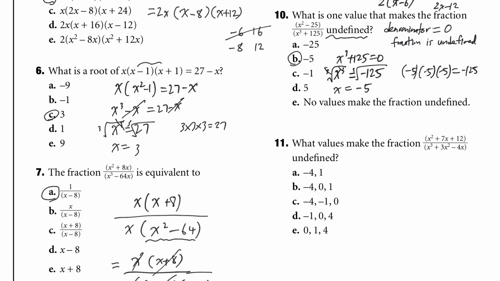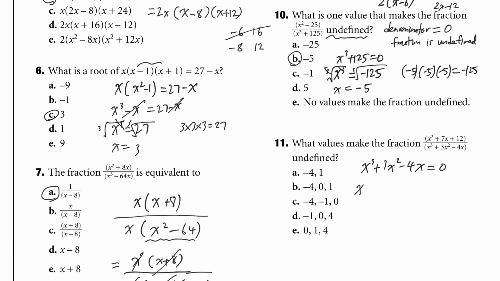Number 11, what values make the fraction x squared plus 7x plus 12 over x cubed plus 3x squared minus 4x undefined? Again, I want to set the bottom equal to 0. The denominator is really the only thing that I care about for these questions involving a fraction becoming undefined.